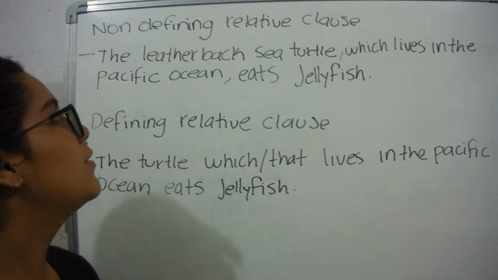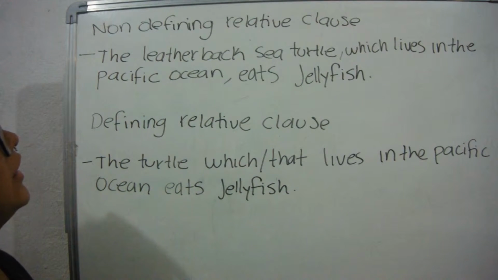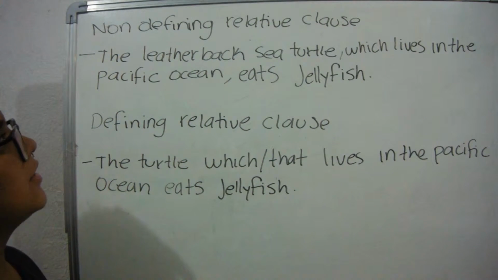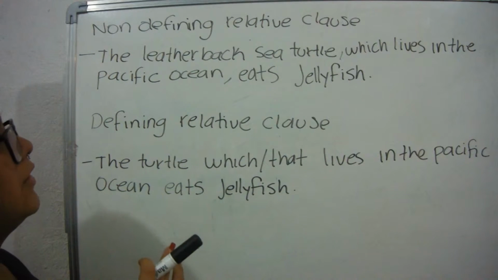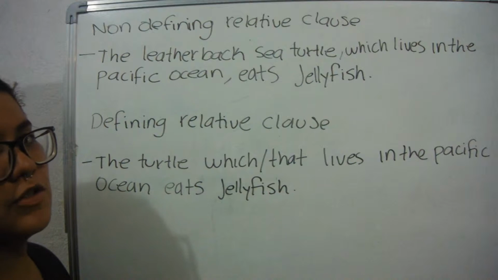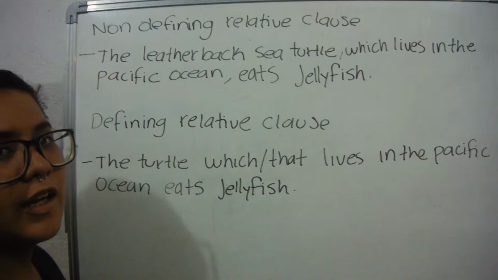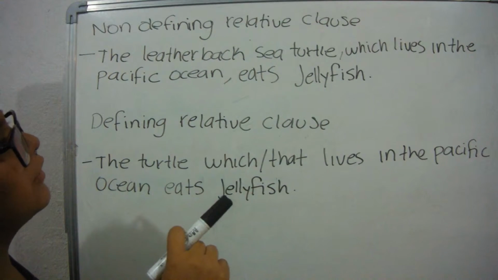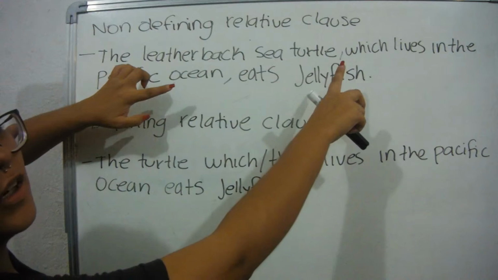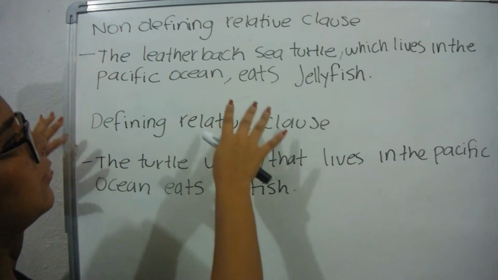Here I have some examples of non-defining relative clauses. In the first sentence it says, the leatherback sea turtle, which lives in the Pacific Ocean, eats jellyfish. Here we are talking about a specific kind of turtle, and the relative clause goes between commas, that is, which lives in the Pacific Ocean.